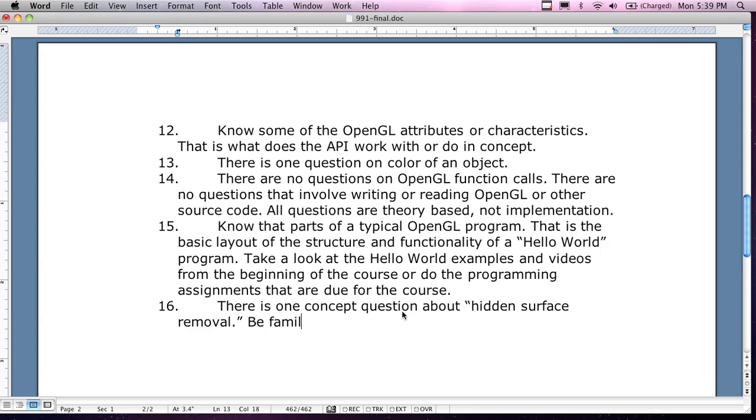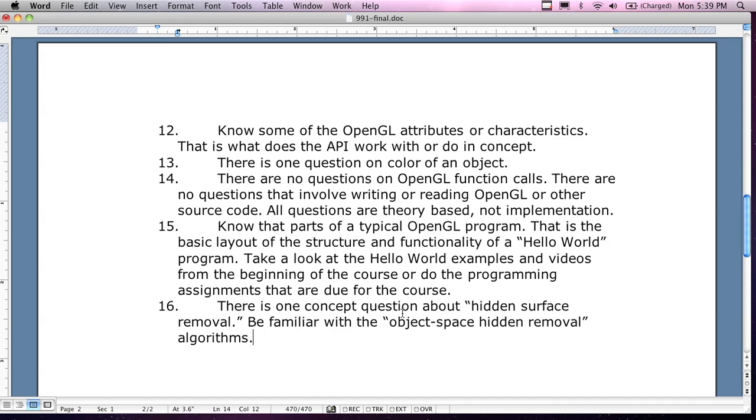Be familiar with the object space in particular hidden removal algorithms. That's a give me.